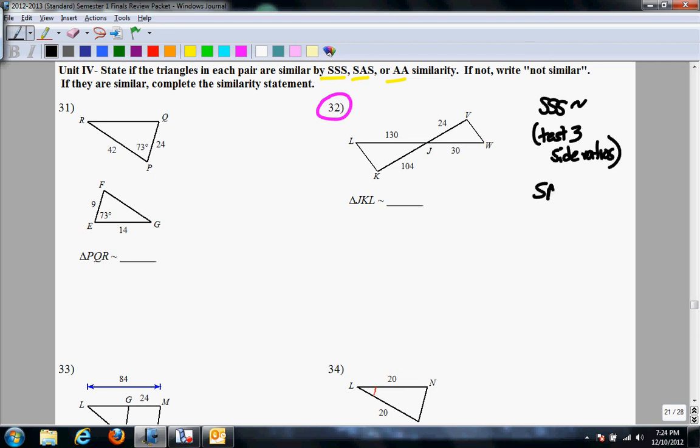To do side-angle-side similarity, you're going to have to test 2 side ratios. And to get angle-angle similarity, you are going to have to see if there are two pairs of congruent angles. So let's see which one might be going on to play there. I'm going to give you a moment to write that down.